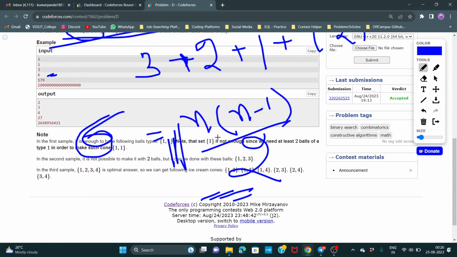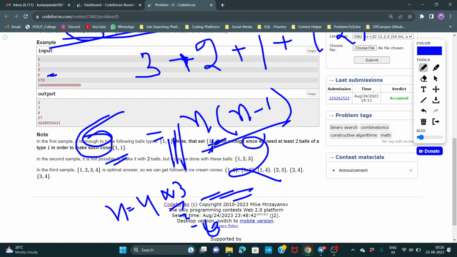In this case, we are just trying to find the value of n. The suitable value for n here is 4: 4 into 3 by 2, which is 6. But every time you will not get an integer value for n.